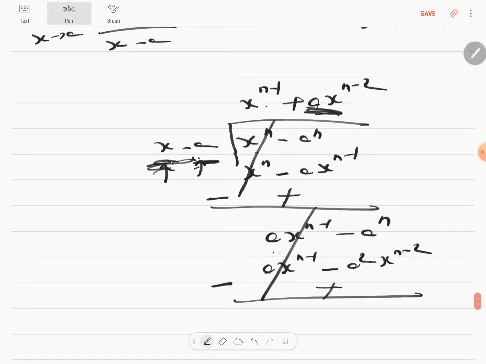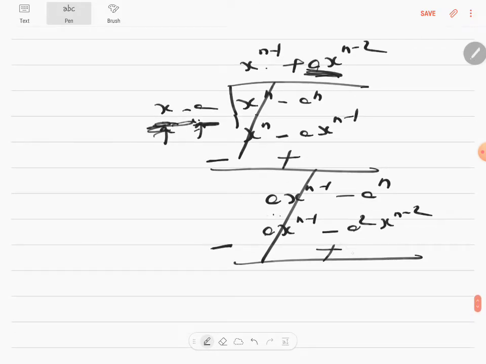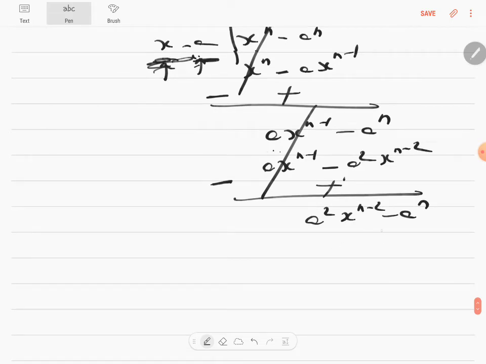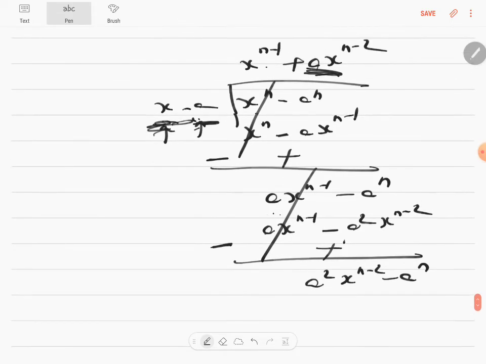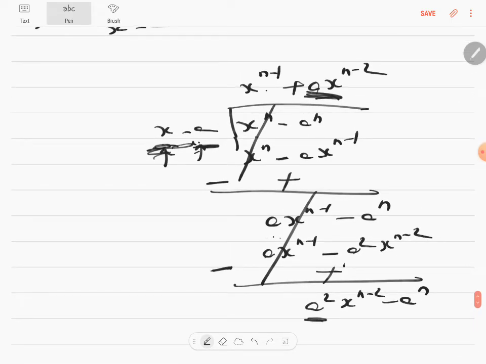So what remains is minus a to the power n. Can you see what is common here? a square into x to the power n minus 2 minus a to the power n. You get it like this, correct? Now you have to multiply this, and add it with a square into x to the power n minus 3, and so on.